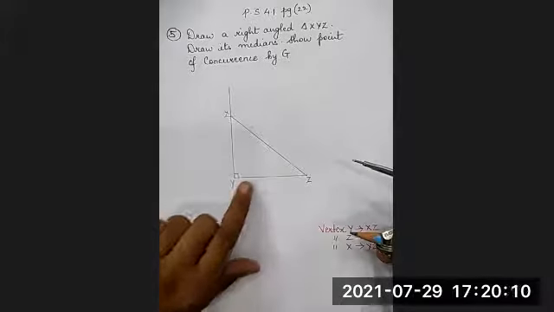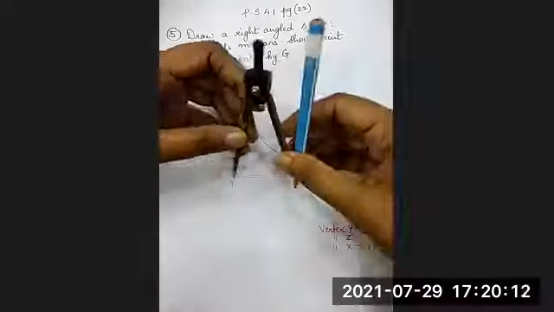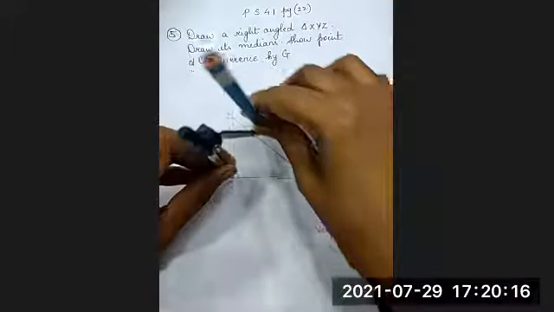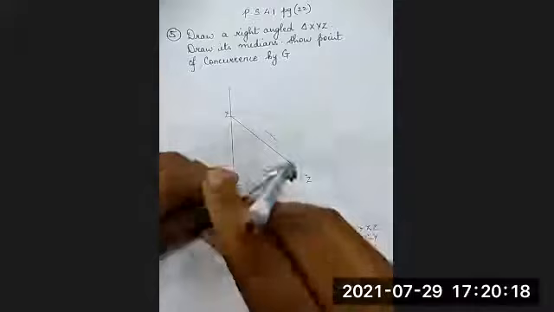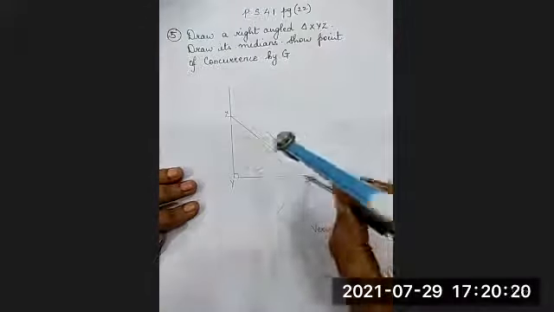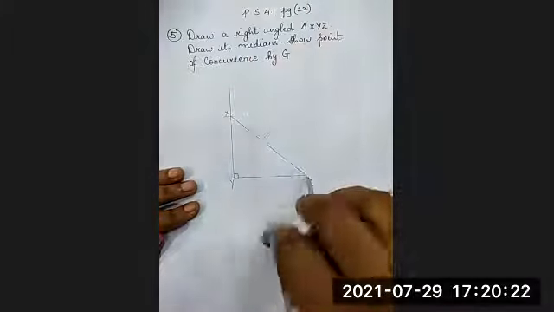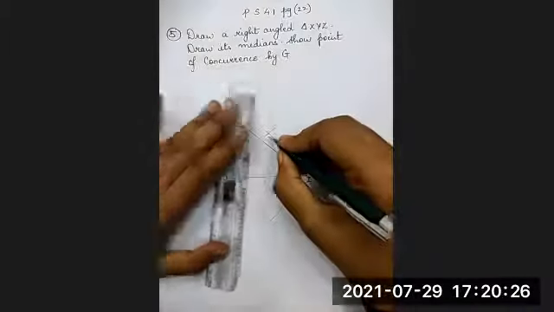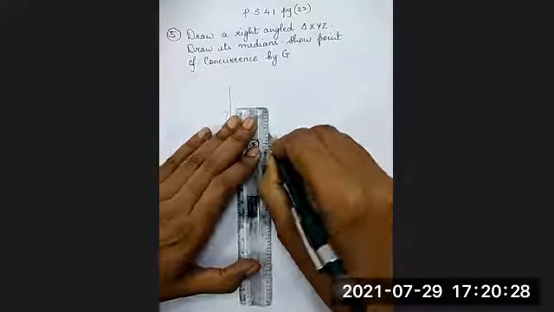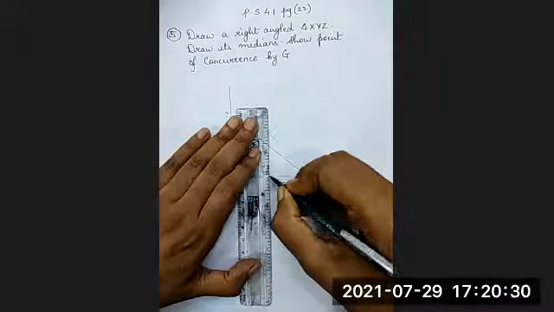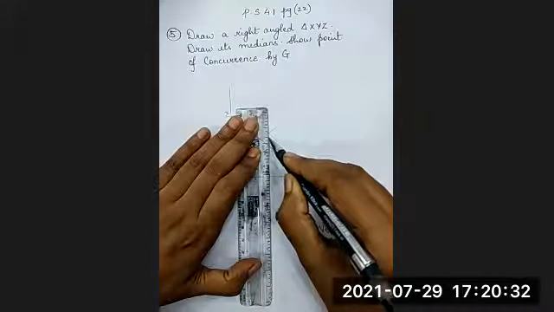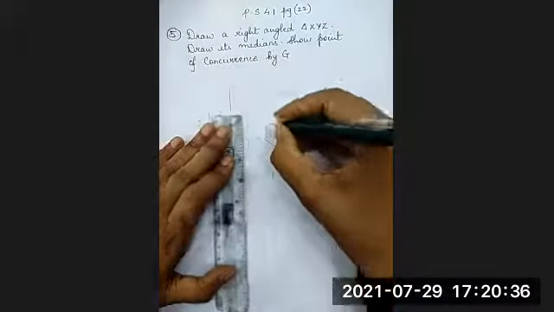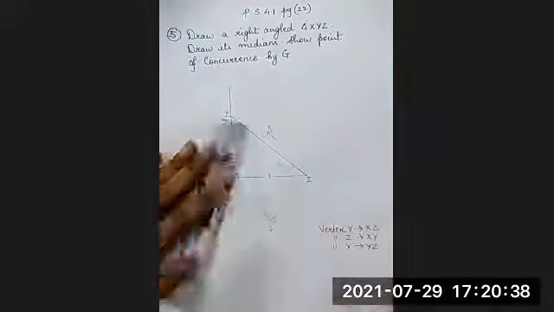So I will begin with side YZ first. I will take the compass, take more than half distance. From point Y, I will make the arcs. Then from point Z again, I get the 2 points. Then I will just make a point on this, because I need the midpoint. And the remaining, I will just draw a fine dotted line.